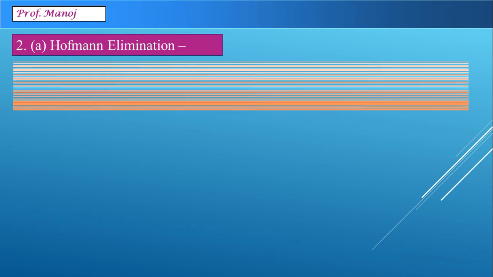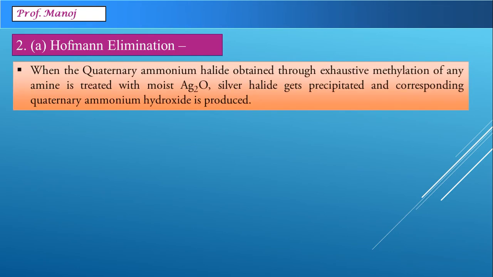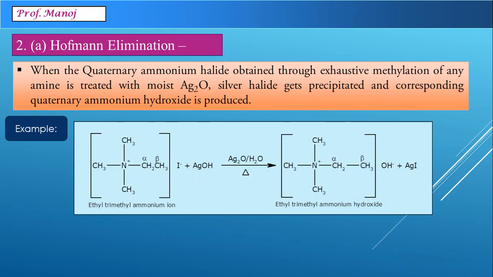Whatever quaternary ammonium salt we have produced, when treated with moist silver oxide, first we generate quaternary ammonium hydroxide. We can see an example. We are considering here a structure called ethyl trimethyl ammonium iodide. This is treated with moist silver oxide.